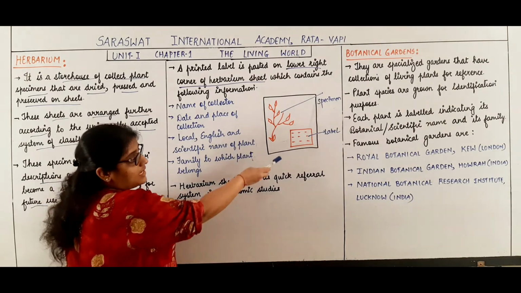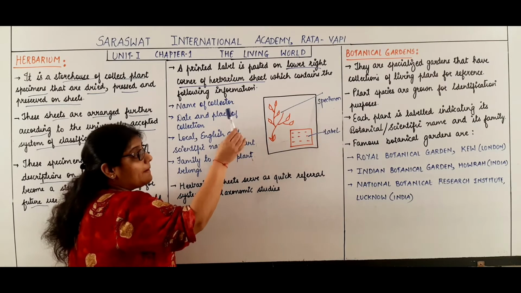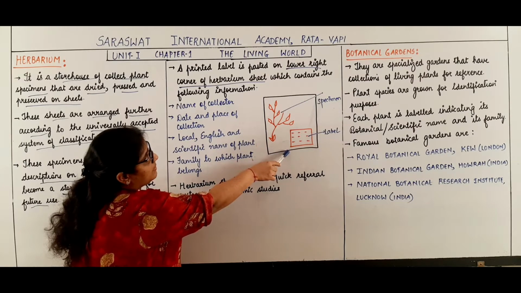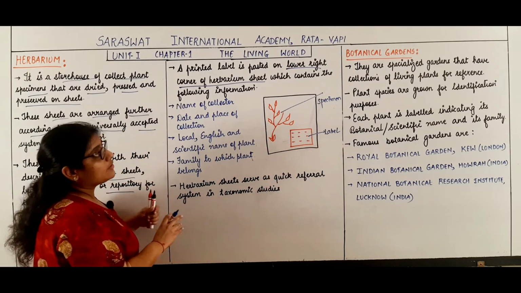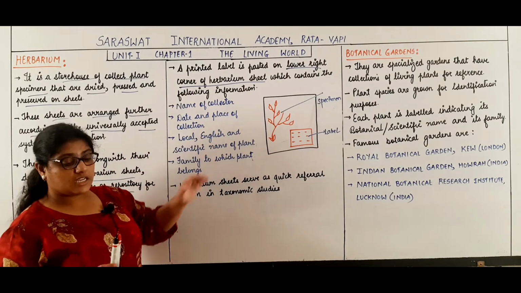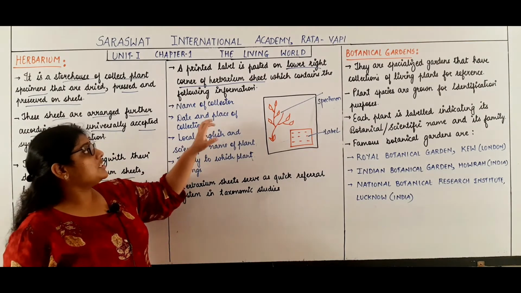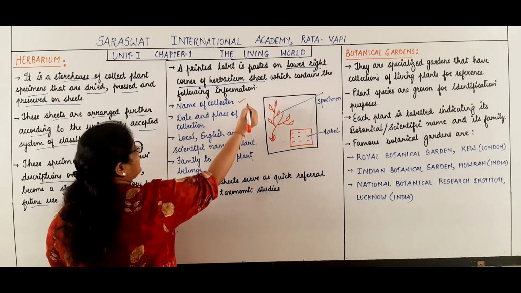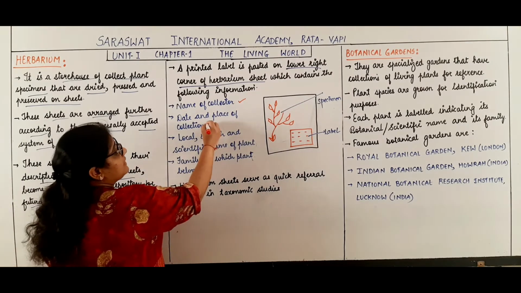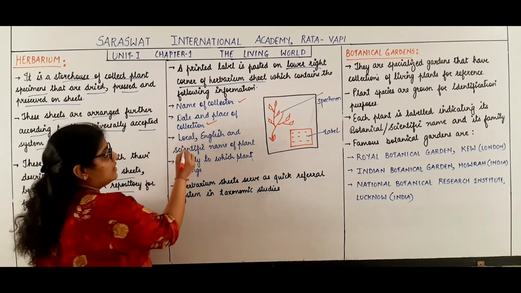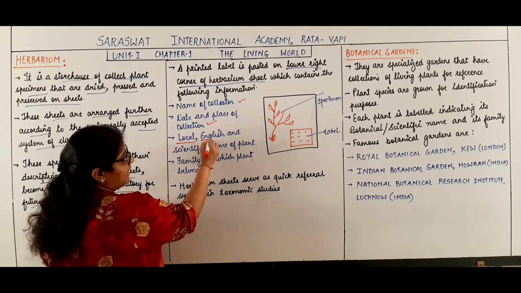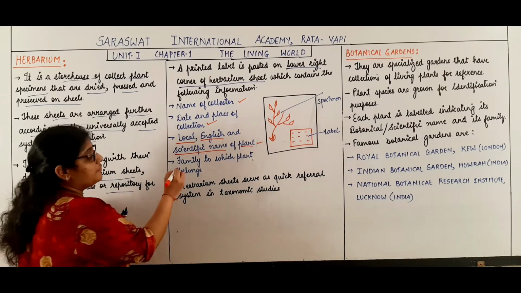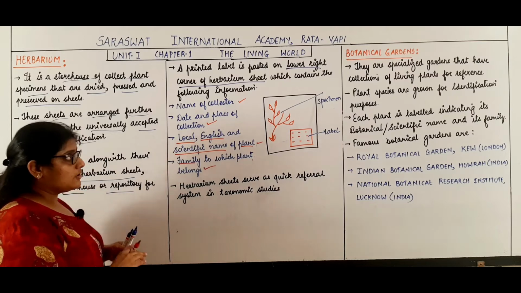Very important, students. This label contains certain information. So, what information is printed on the label? It contains the name of the collector, the date and place of the collection, the local or common, English and scientific name of the plant, and the family to which the plant belongs.